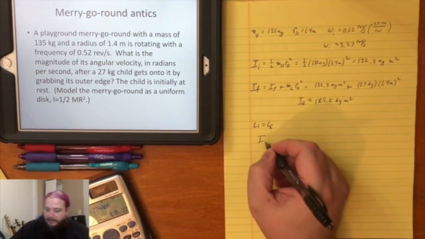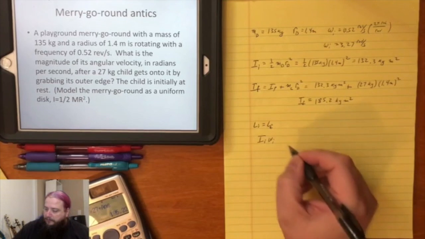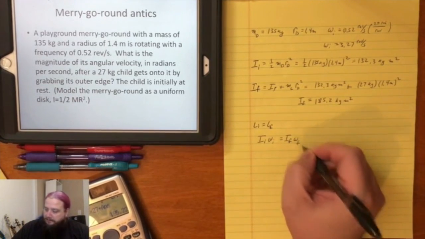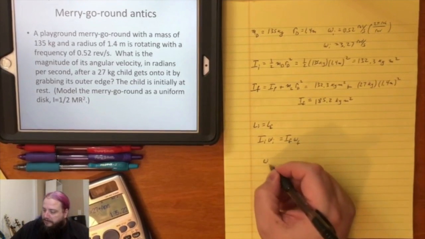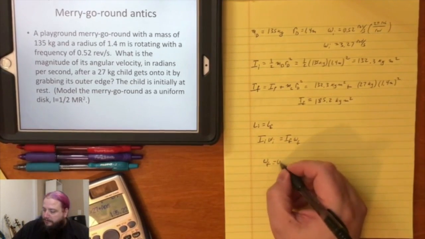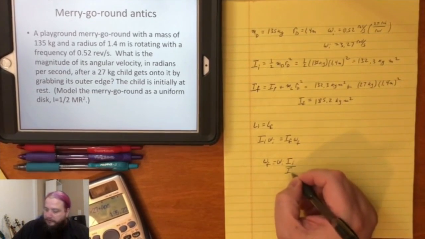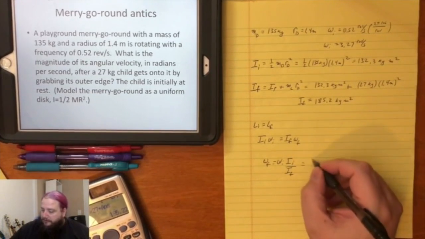And the momentum before is the momentum afterwards. So I before, omega before equals I after, omega after. And thus omega final is just omega initial times the ratio of the two moments of inertia.